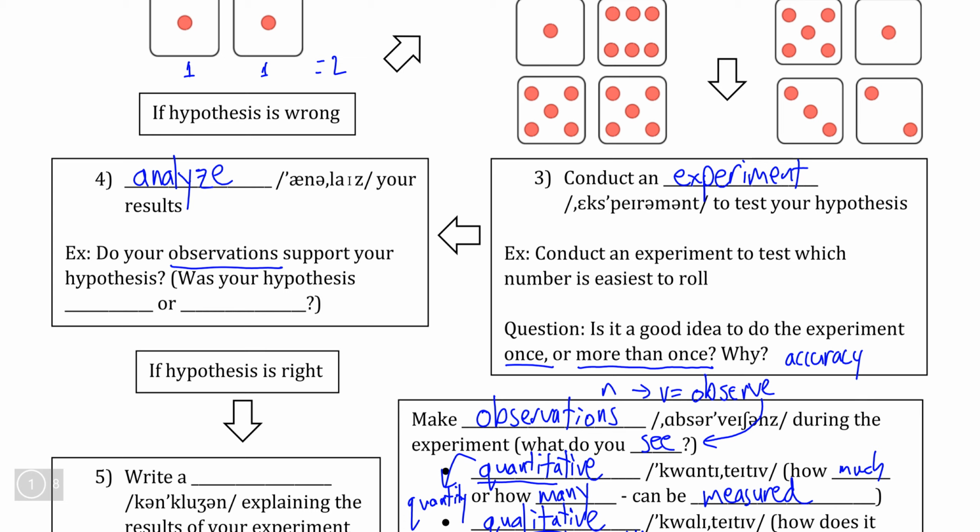And there are two possibilities as to what can happen. Number one, the results do match our hypothesis, and therefore our hypothesis is correct. It happened exactly as we predicted. Or the results do not support the hypothesis and don't match at all, in which case our hypothesis is incorrect.